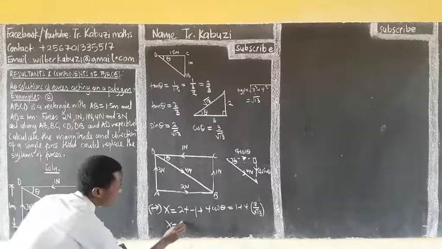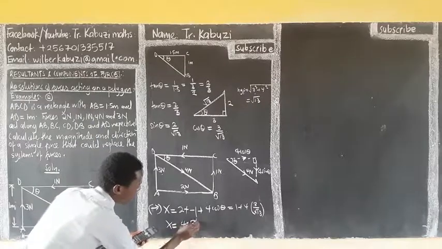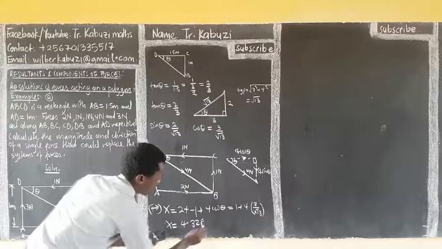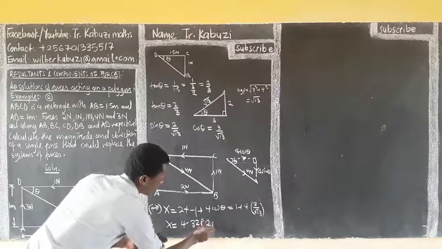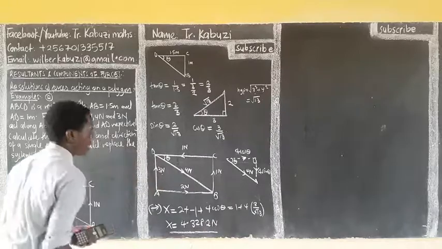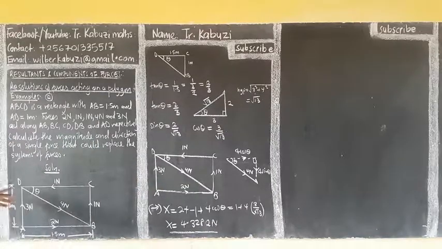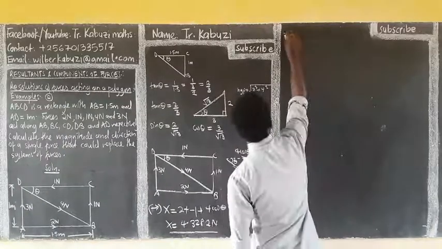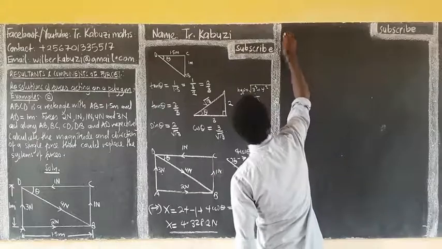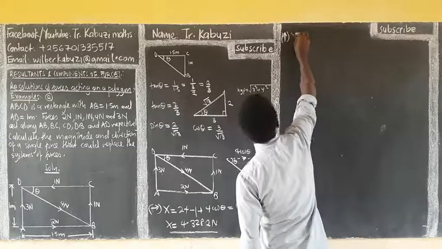So here I'm getting 4.328 newtons. Now we come and also resolve those systems of forces vertically.